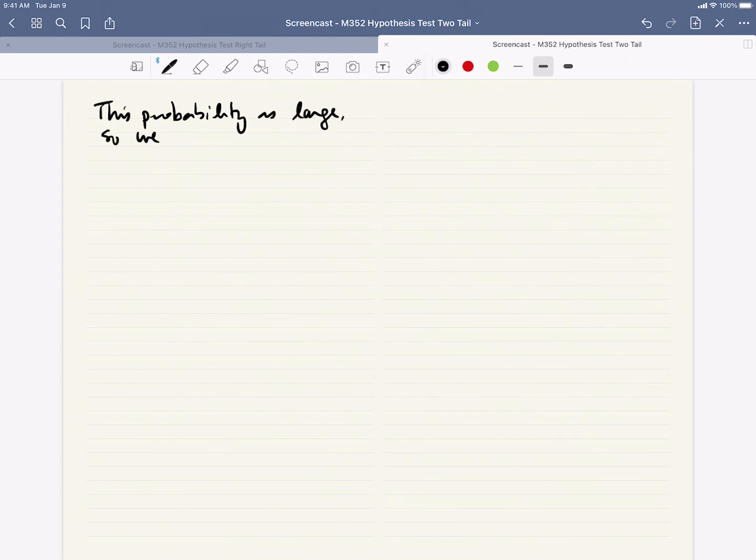So we conclude there is insufficient evidence to reject the null hypothesis.